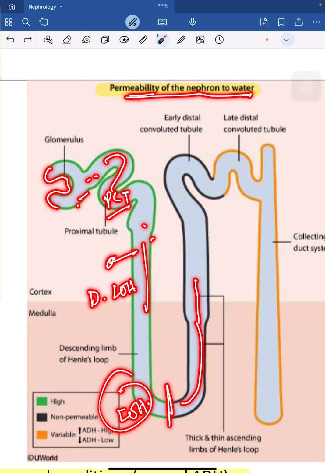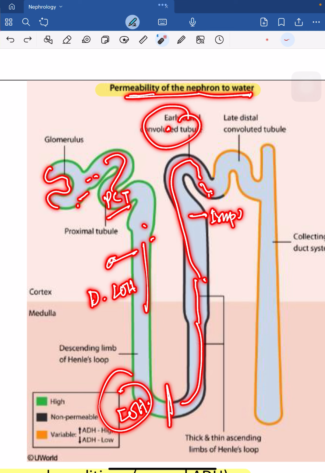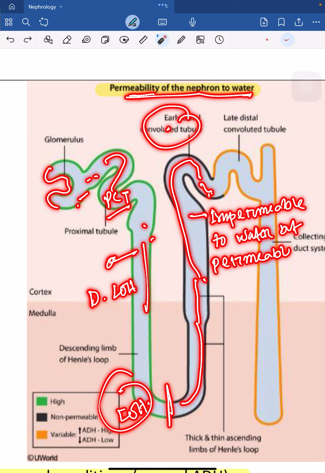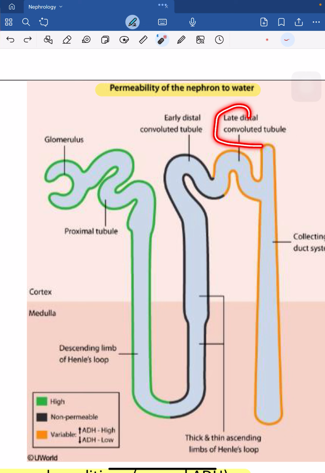Then the ascending limb of Henle and early distal convoluted tubule are impermeable to water, but permeable to solute, sodium chloride.